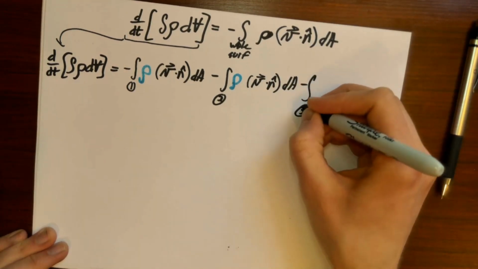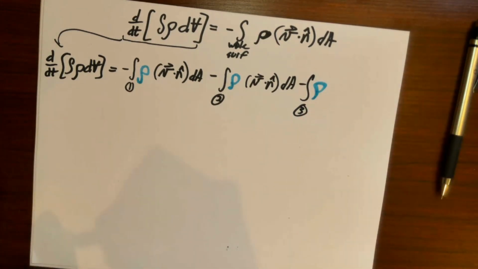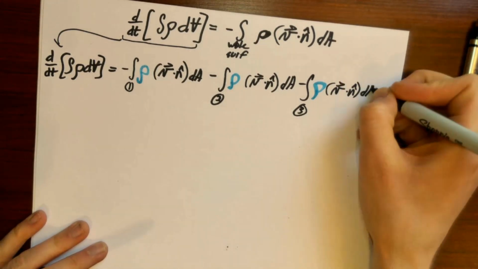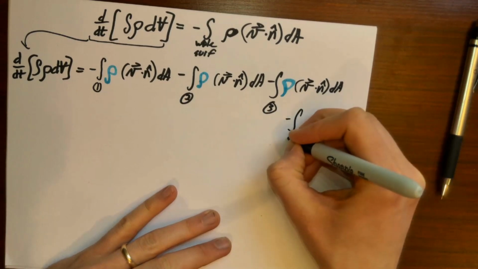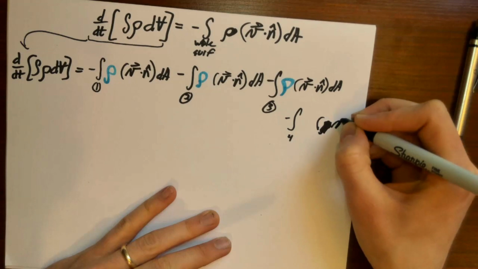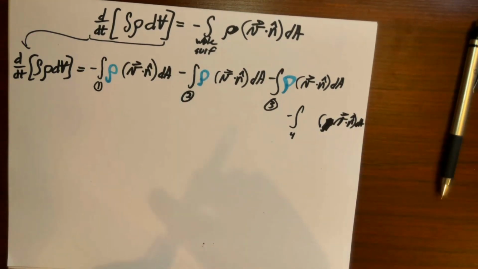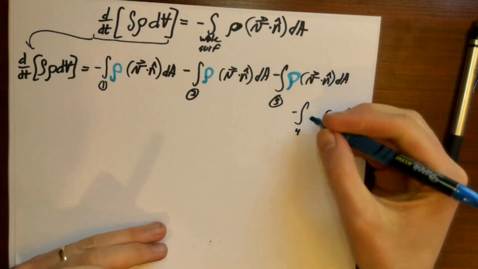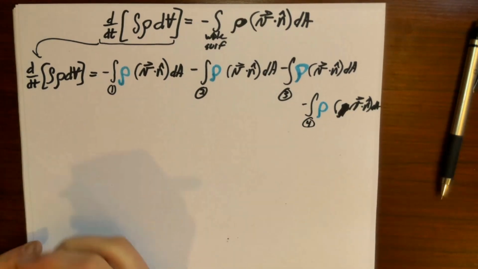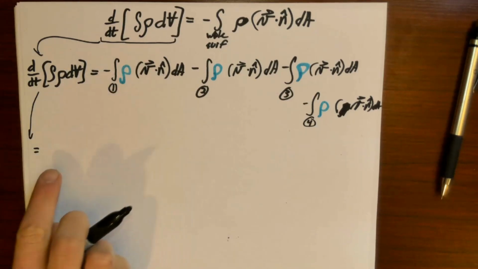We're going to have an integral over surface 3 of rho v dot n dA, and we're going to have an integral over surface 4 of rho v dot n dA. All right. So we still have the same left-hand side, which I'm going to just get out of the way here.